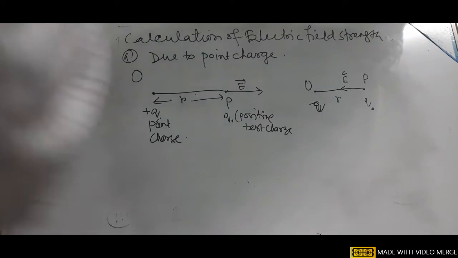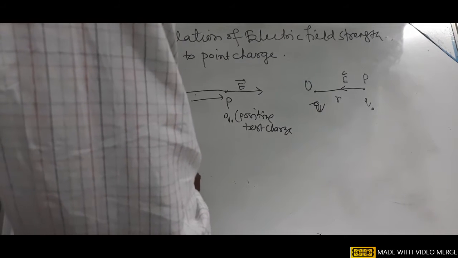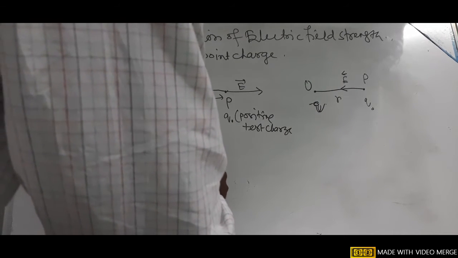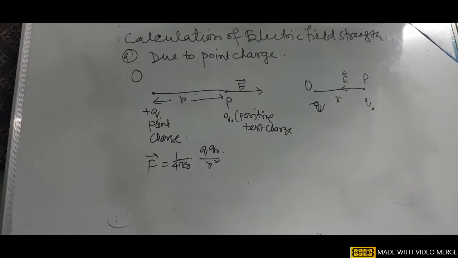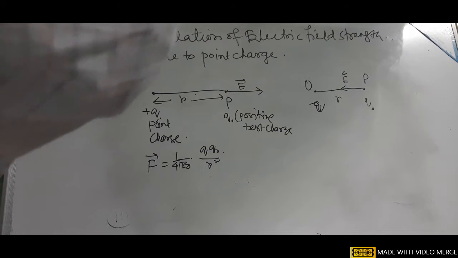So first, to find out the electric field, we have to find out the force by Coulomb's law. Coulomb's law: F equals 1 by 4 pi epsilon, Q naught Q by R square, along the direction from P to A. So this is one charge, another is the point charge, this is the test charge, by R square, along the direction PA.